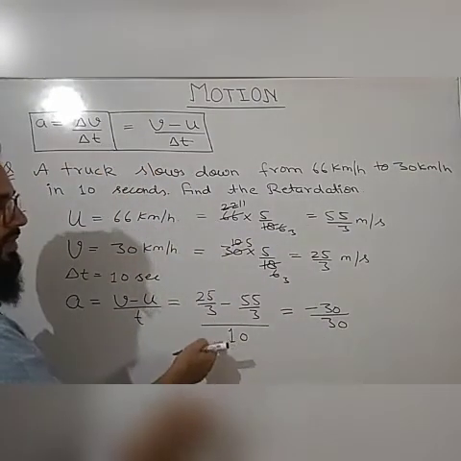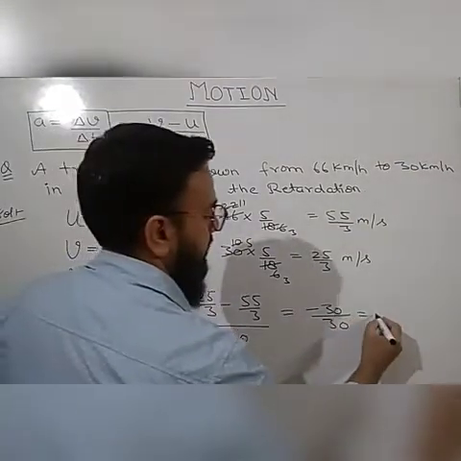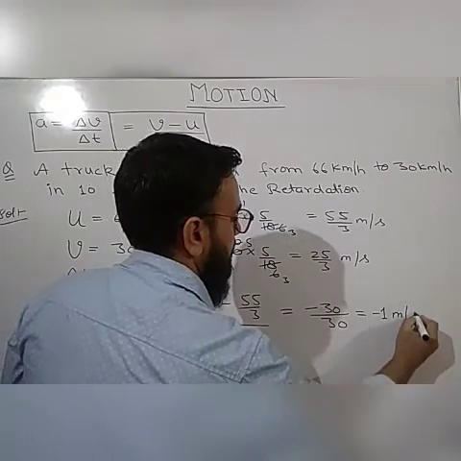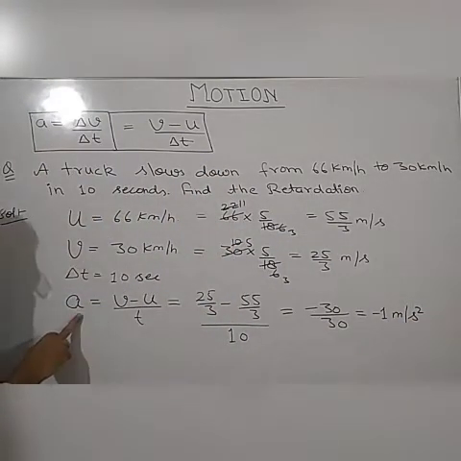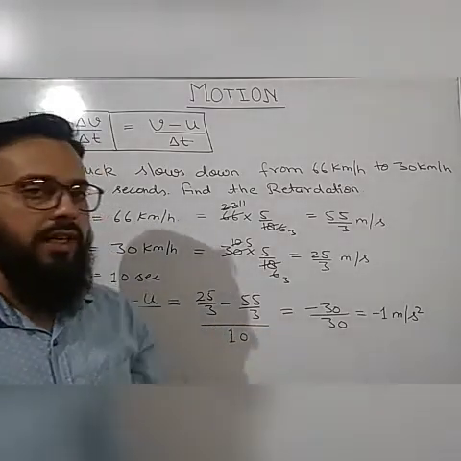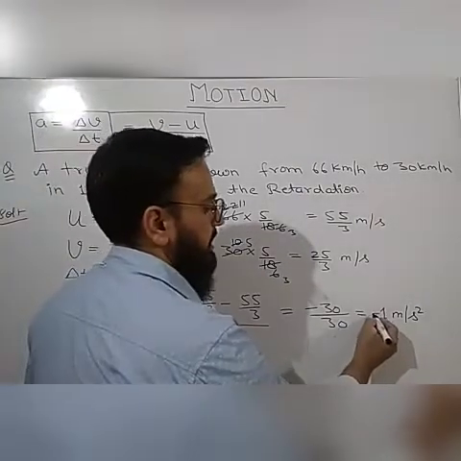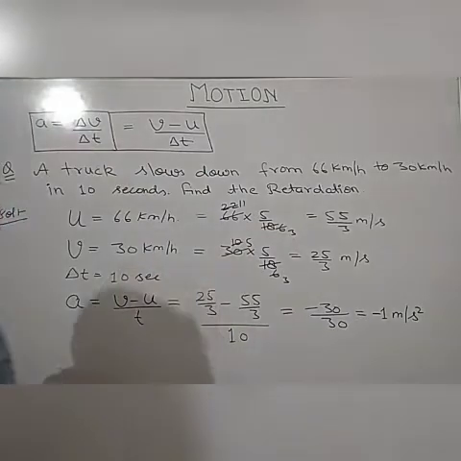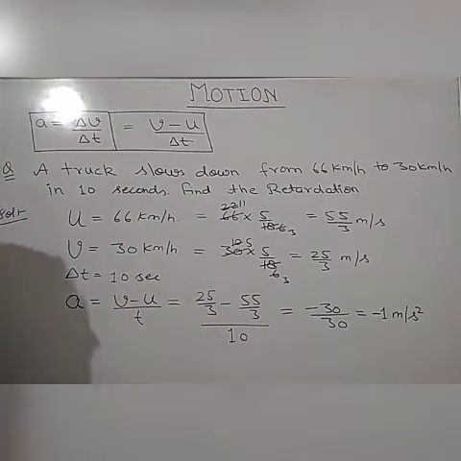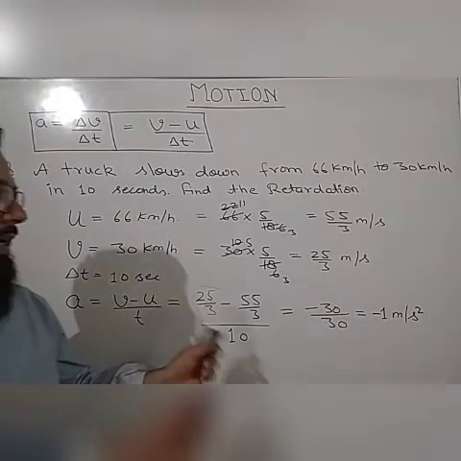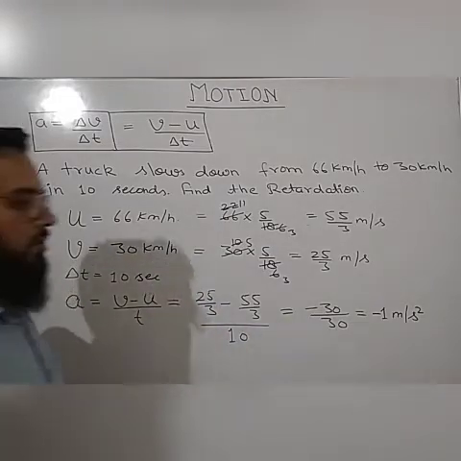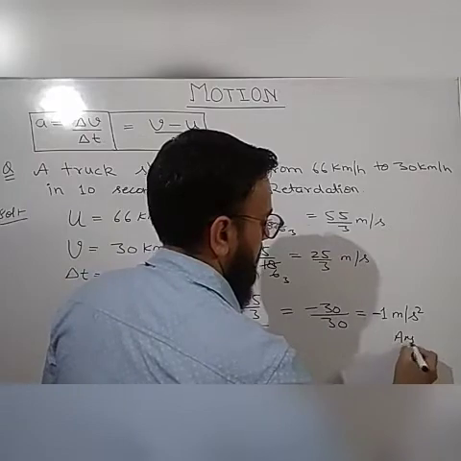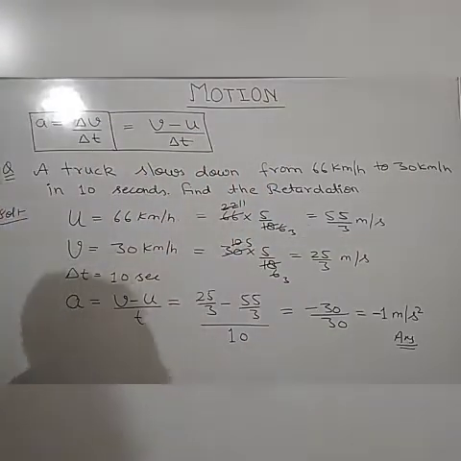This 3 will multiply with 10, so we will get the value minus 1 meter per second square. So the value of acceleration is minus 1 meter per second square, and this minus sign is indicating that it is not an acceleration, it is a retardation. Or we can say that this acceleration is acting in the opposite direction of motion. So this is our answer. Retardation is minus 1 meter per second square.